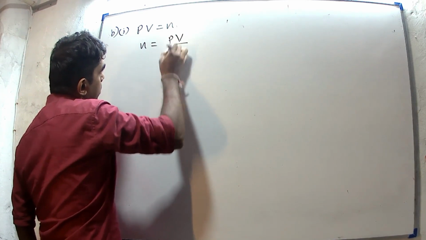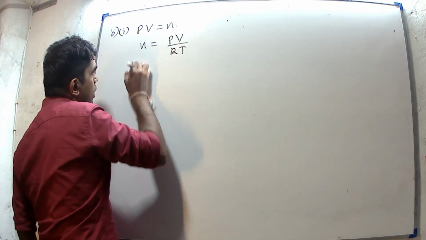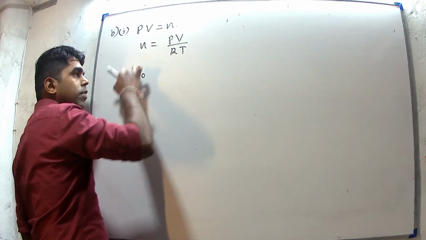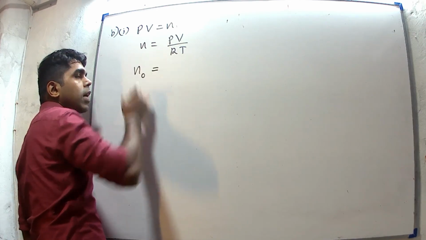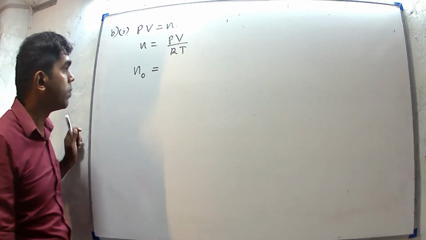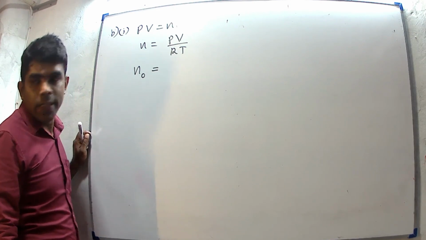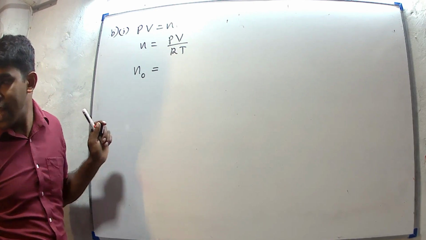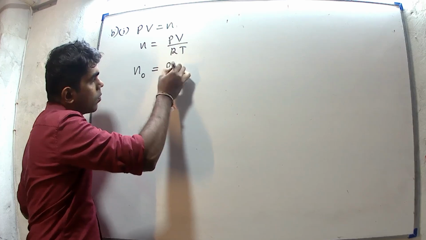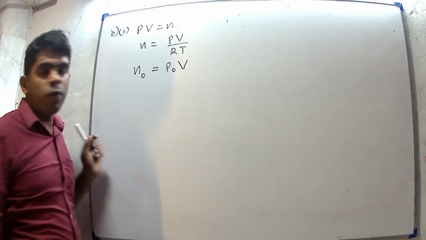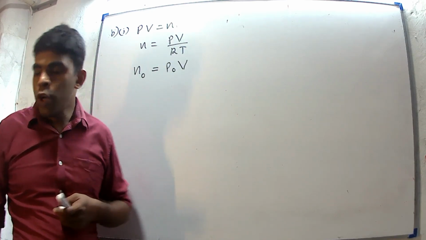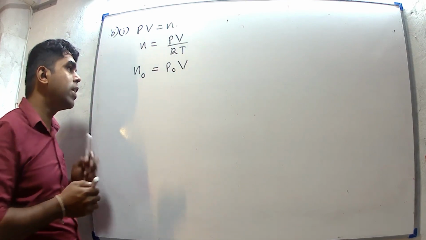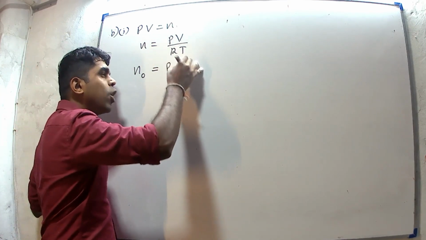Then I will make n, the number of moles, the subject: n equals PV divided by RT. For the initial situation, I will consider the number of nitrogen moles n0. The initial pressure is given as P0. The volume of the tire is V. The volume of the tire is not changing with pressure.